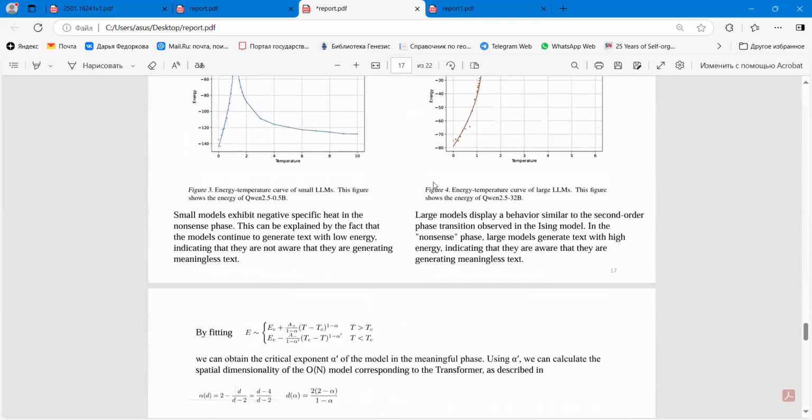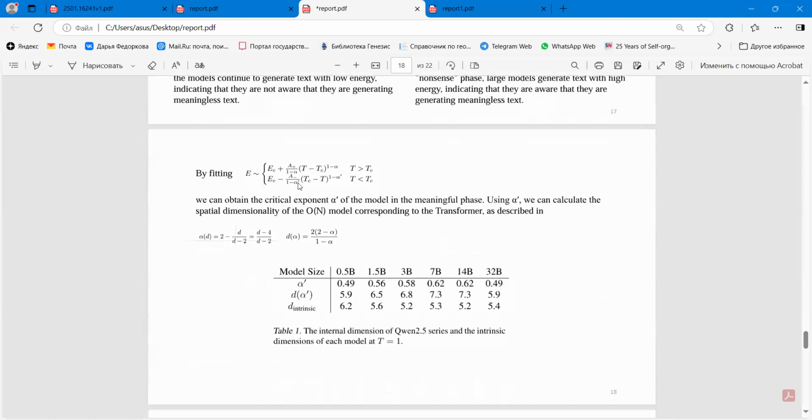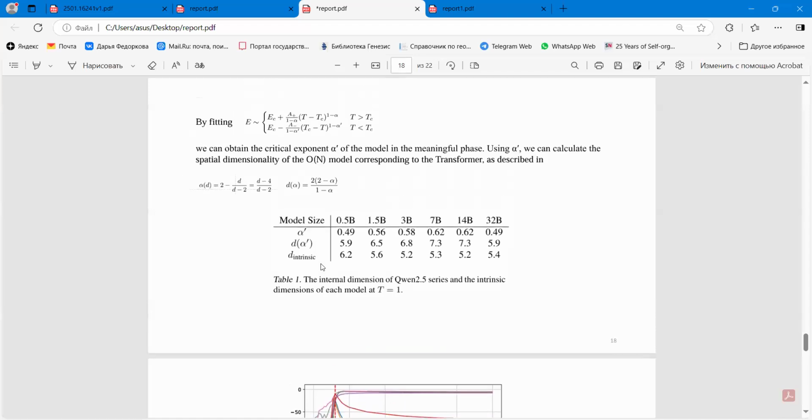Yes, and okay, and they use the relation for the critical exponent. They calculate the spatial dimensionality corresponding to the transformer as described in this equation that we have discussed, and they get these values for different size parameters of the Qwen model.